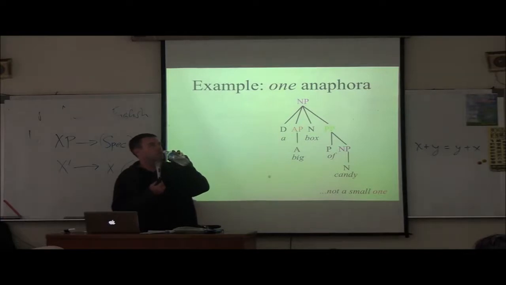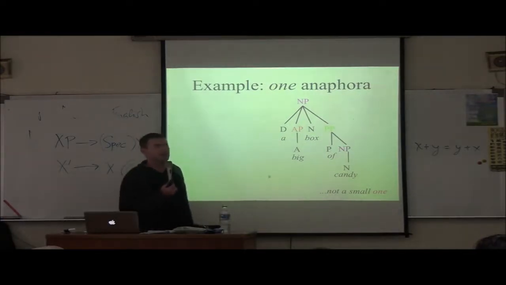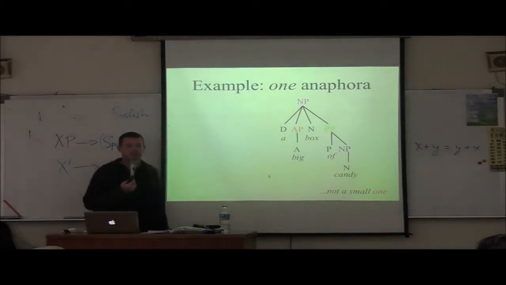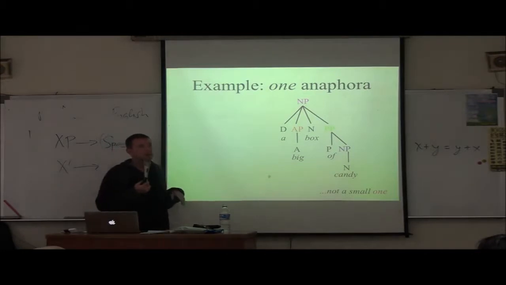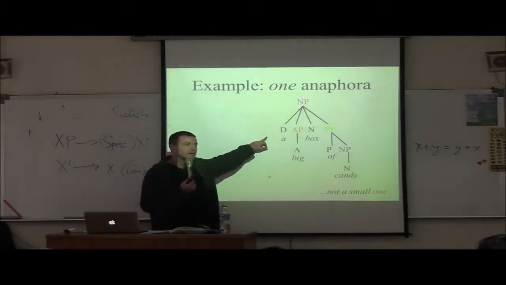Daphne, what does "one" mean? It means candy? What does it mean, box of candy? Well, hurry. What does "one" mean? I want a big box of candy, not a small one.